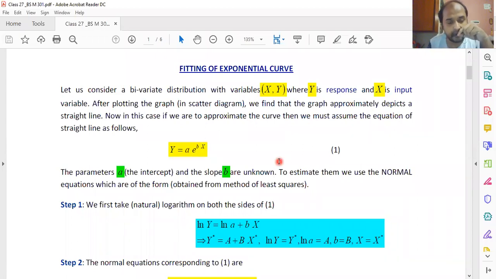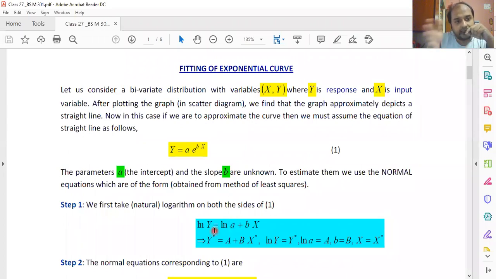So step number 1 for fitting of exponential curve is to take logarithm on both sides, so that we can get a term like this: log a plus bx into log e. If I take the logarithm of the right hand side, you know, log of xy is equal to log x plus log y.